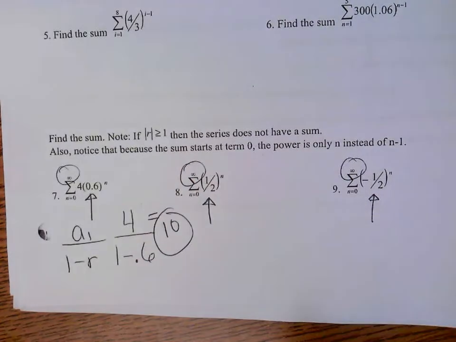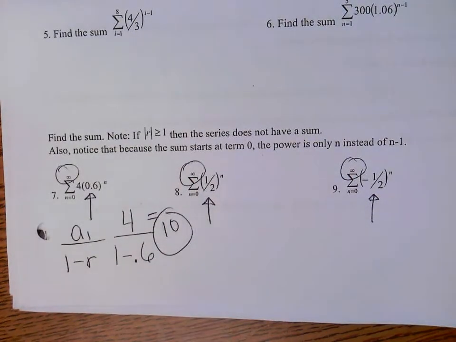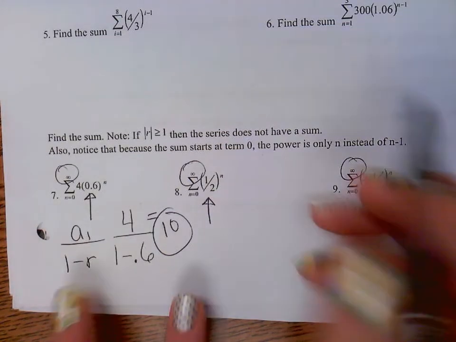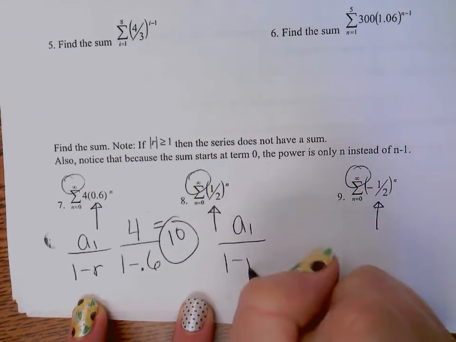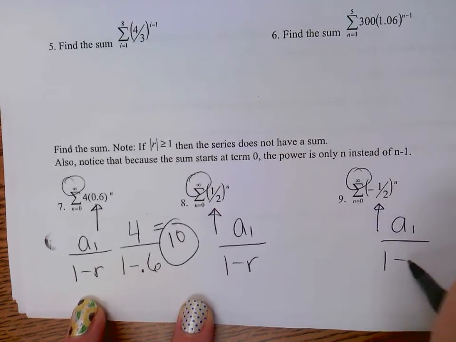All right, try 8 and 9. On number 8, you'll have to think about what the first term would be. On number 9, you'll have to think about using a negative ratio. See if you can use that same formula. Take your starting term, divide by 1 minus the ratio.